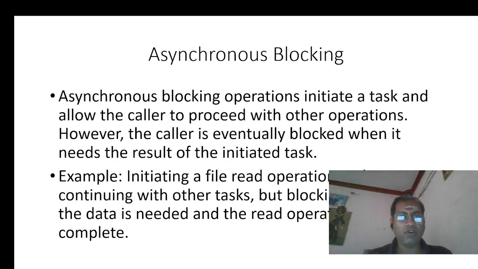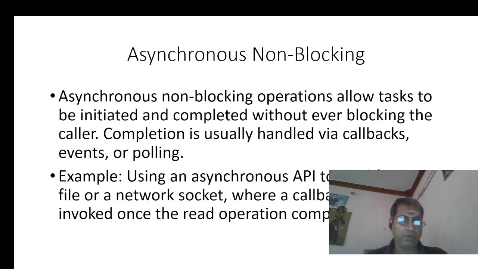What is asynchronous blocking? Asynchronous blocking operations initiate a task and allow the caller to proceed with other operations. However, the caller is eventually blocked when it needs the result of the initiated task. Example, initiating a file read operation and continuing with other tasks, but blocking later when the data is needed and the read operation is not yet complete.